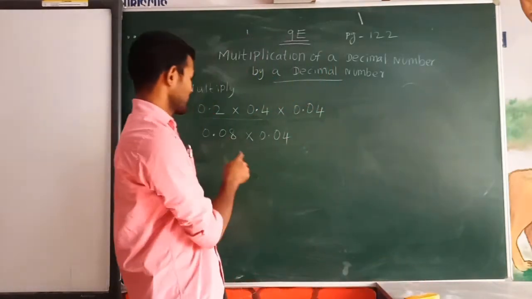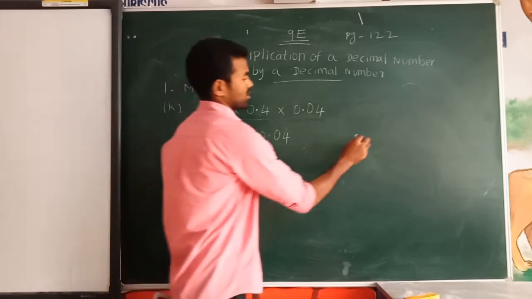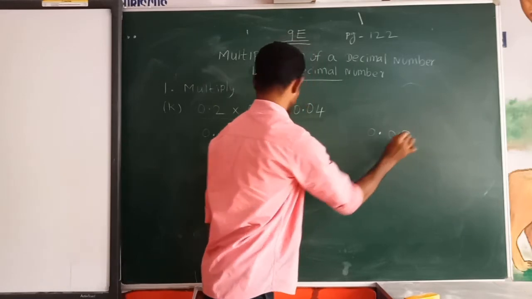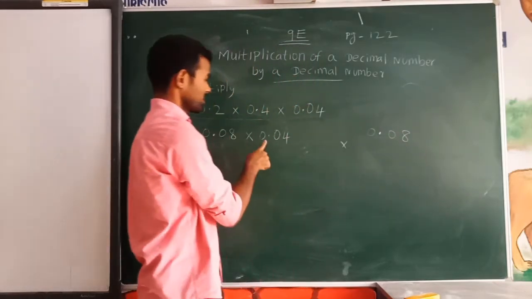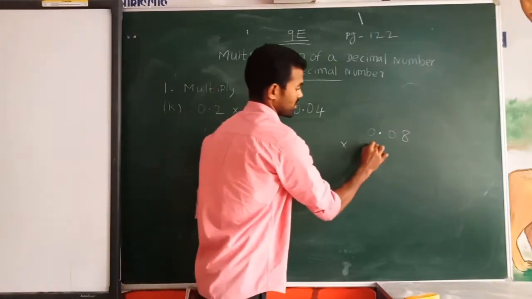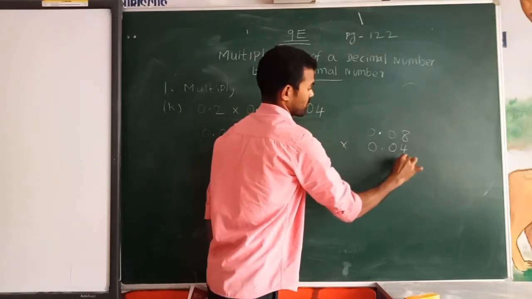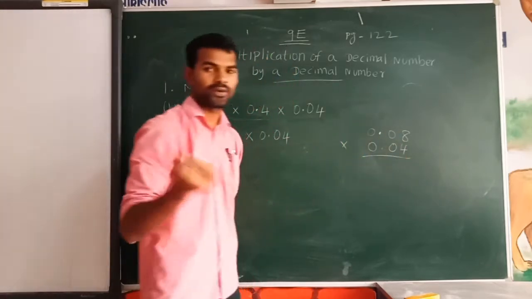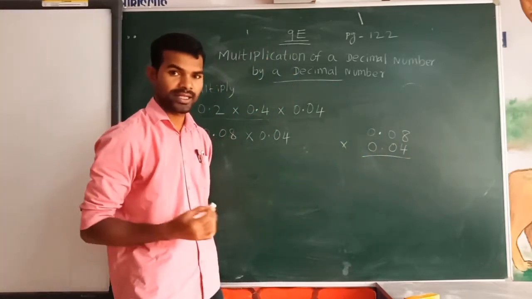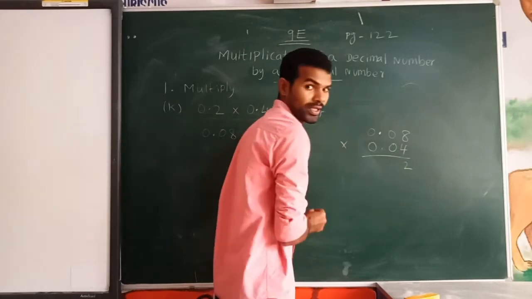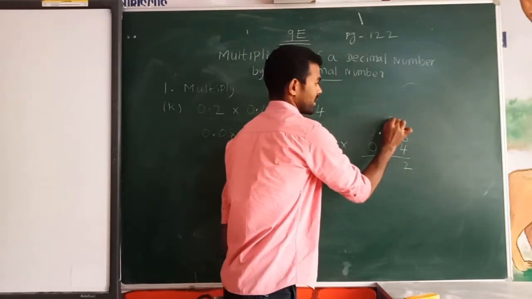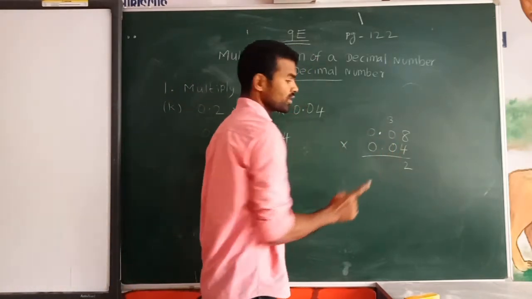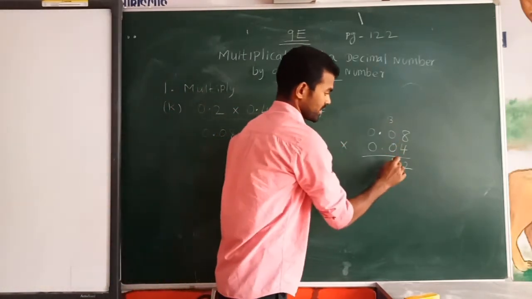So 0.08 multiply 0.04. Multiply 4 multiply 8, 32. Write 2 there and carry the 3 into the next column. 4 multiply 0, 0, plus 3, 3.